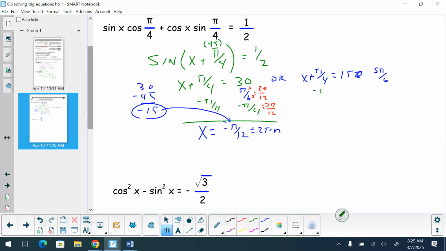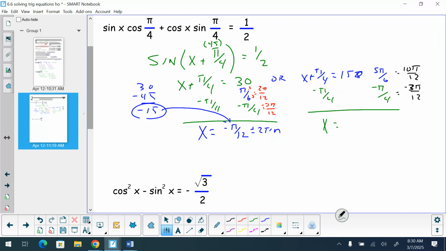Likewise over here, we have 5 pi over 6 minus pi over 4. This would be 10 pi over 12 minus 3 pi over 12.